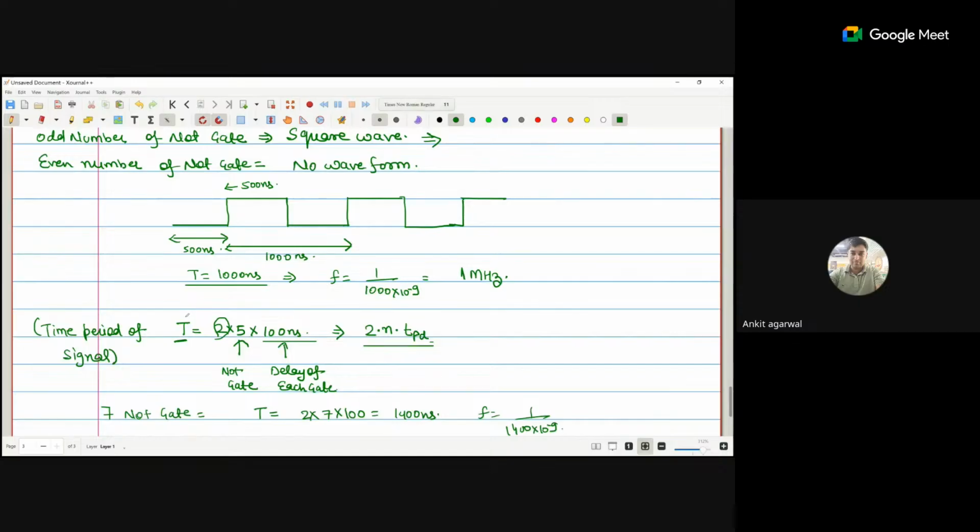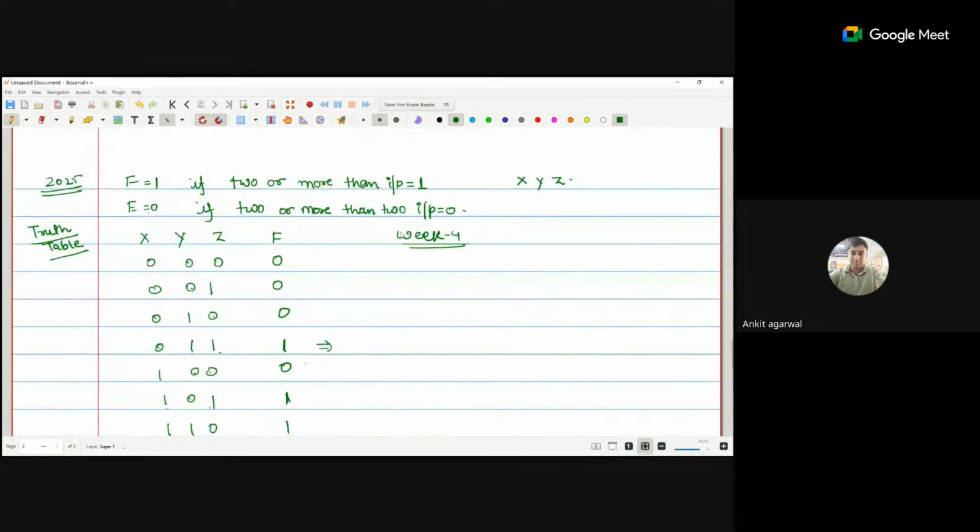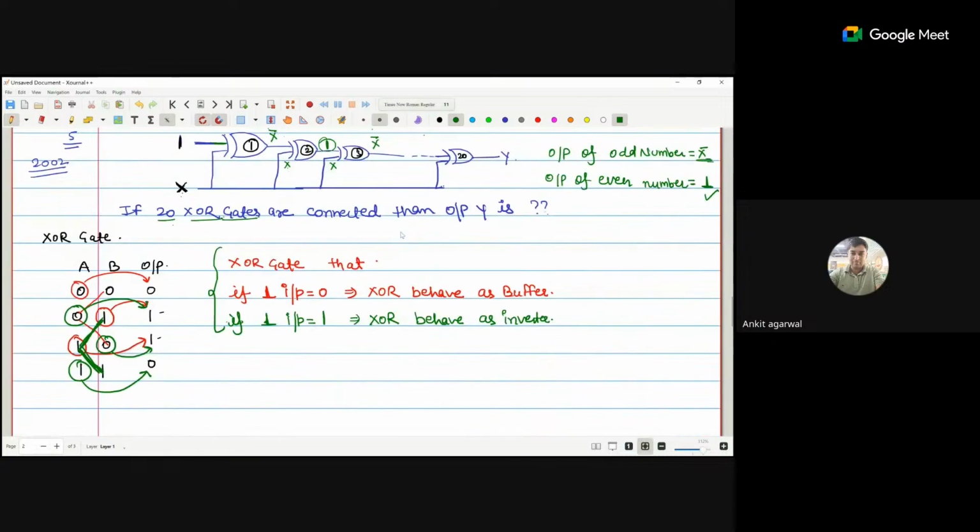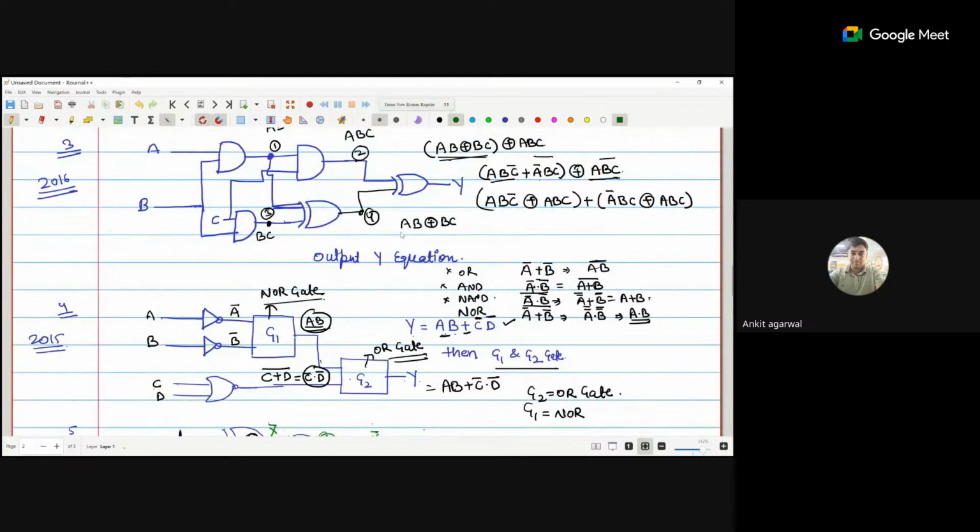So we will go through some of the questions that are asked in the GATE examinations. You can see that the level of the questions is not too high.